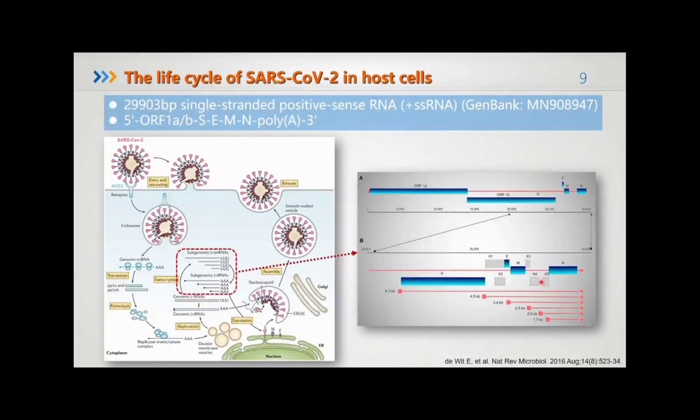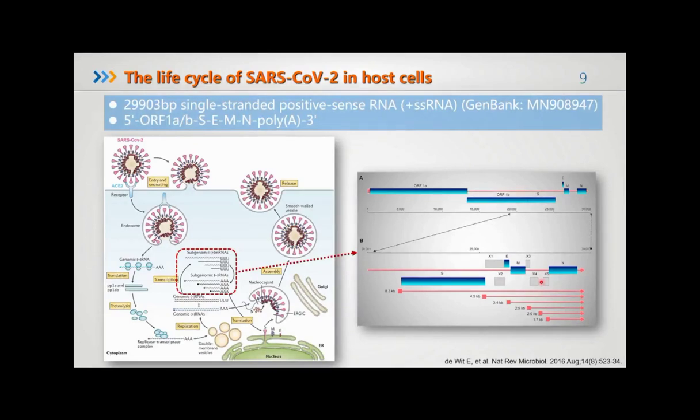The genome of 2019 novel coronavirus is a single strand positive sense RNA containing at least 6 ORFs arranged as ORF1ab, S, E, M, N from 5' end to 3' end, with 5' end cap structure and 3' end poly-A tail. The structure is similar to mRNA.